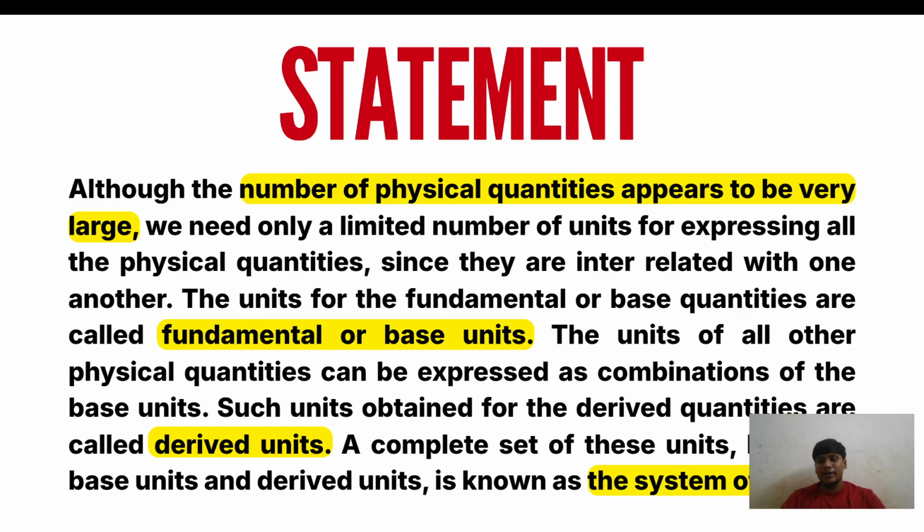We can derive the units from base quantities as combinations of the base quantities as they are interrelated with each other. A complete set of these units, which means the base units and derived units, the set of these two divisions of units, is known as the system of units.